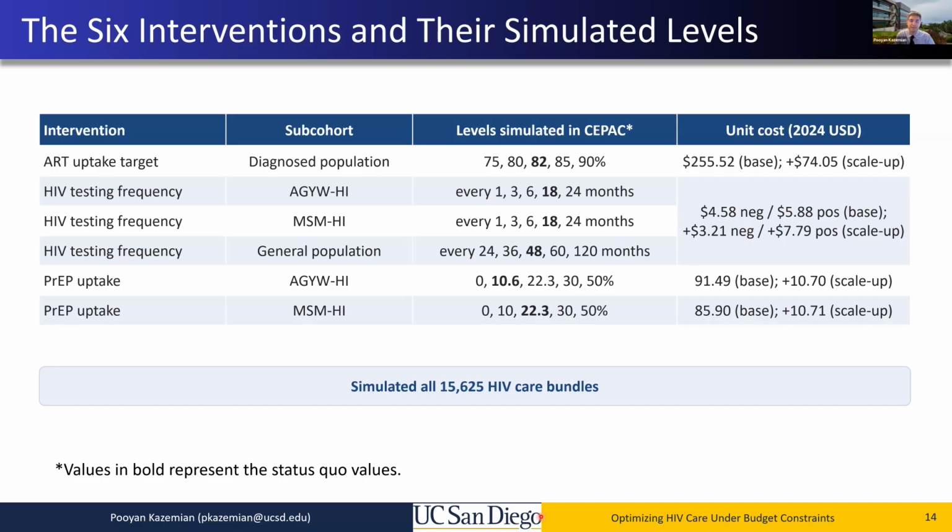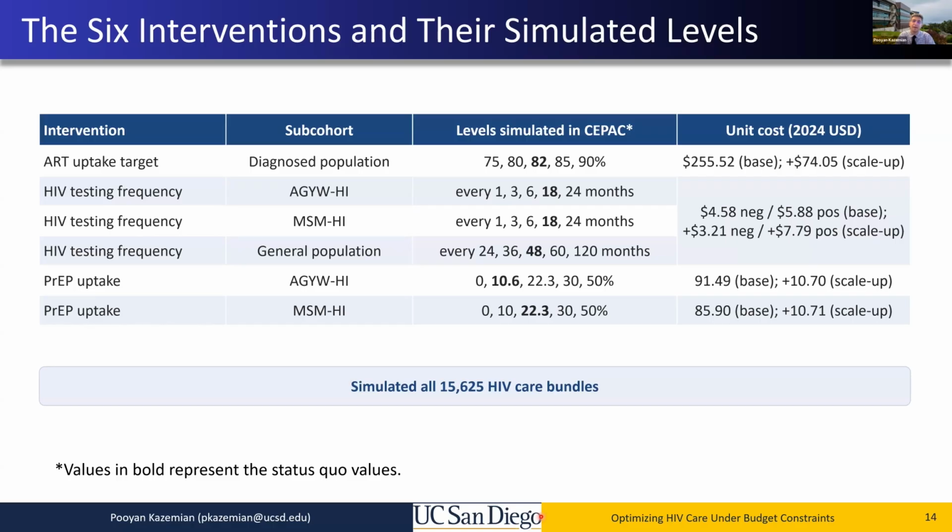Yeah, definitely. In terms of the cost, we did increase the additional cost of increasing the levels of these interventions beyond the status quo, both in terms of testing and in terms of ART coverage. But we essentially defined a range for each of these interventions that we thought are feasible to implement in the real world. So if we think that, for example, 5-week testing for MSM is not really feasible, we can easily add that as an additional constraint to the optimization and solve the problem.